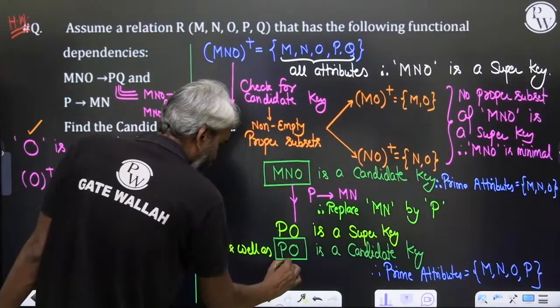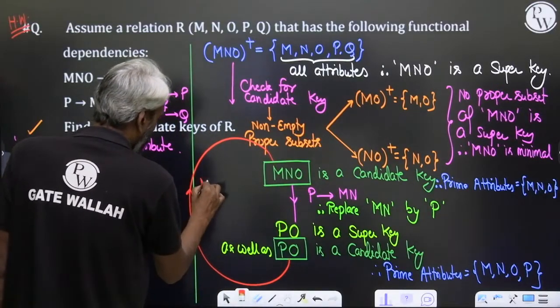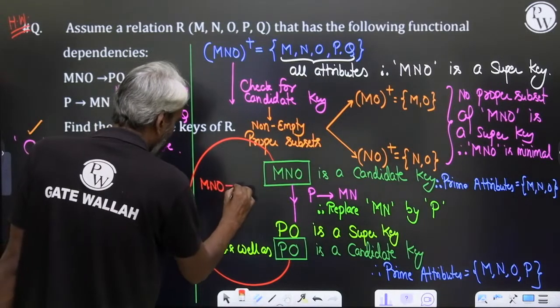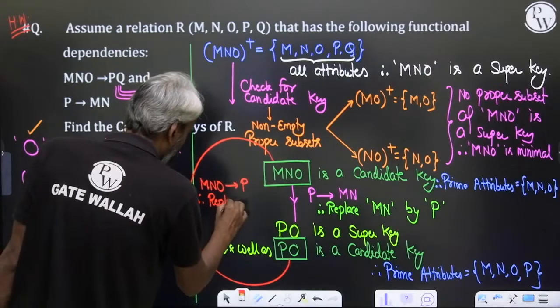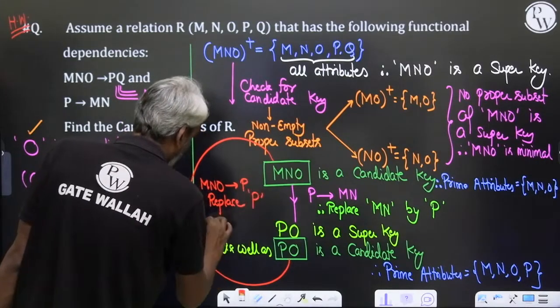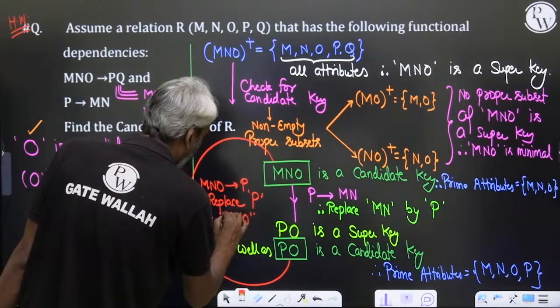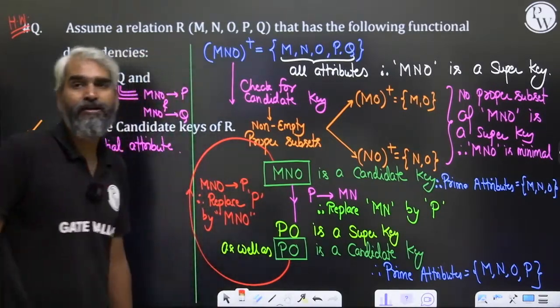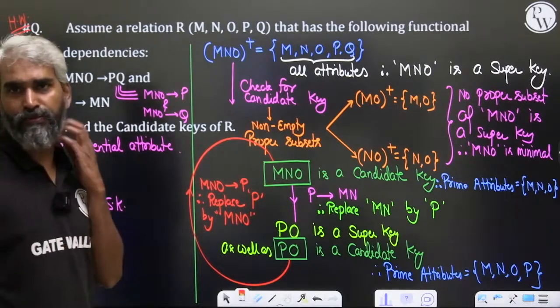Therefore, in this candidate key, MNO implies P, so replace P by MNO and you will get the same candidate key, which is MNO. Is there any other possibility of replacement? No, sir. No other possibility of replacement.